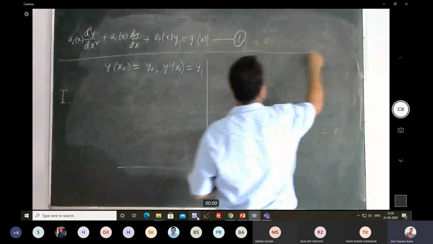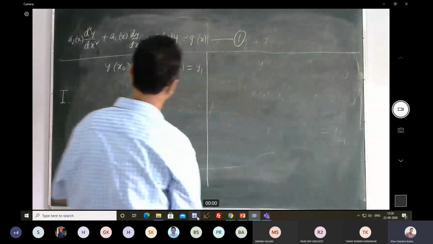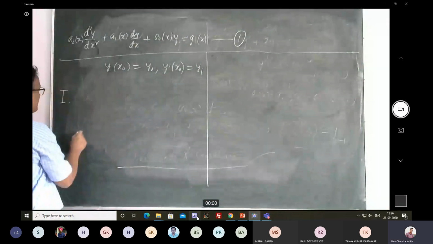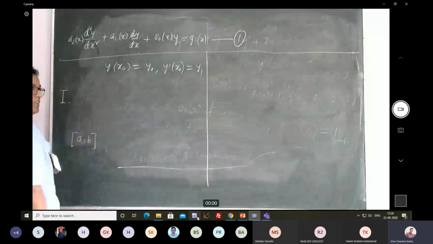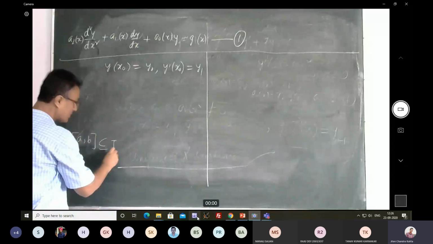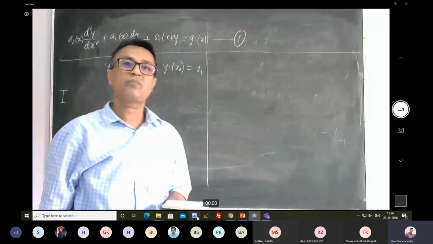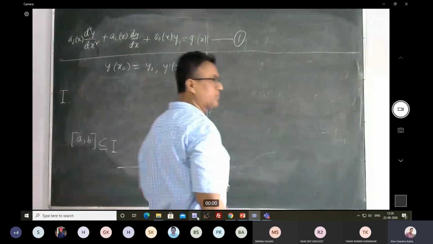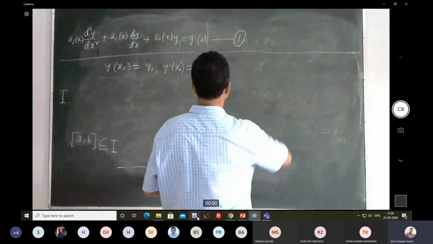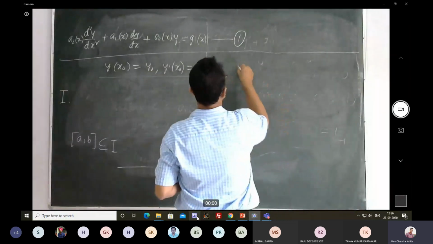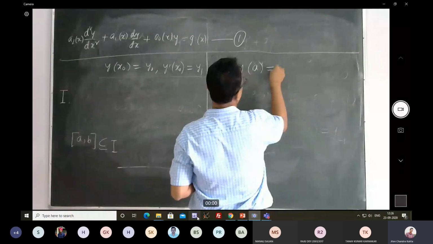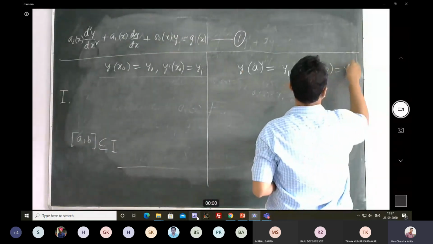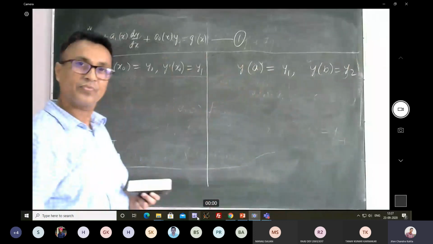So now let me make the demarcation. Suppose I am considering a sub-interval (a, b) in my interval of definition I. Instead of this, let me impose the conditions y(a) equal to say y1 and y(b) equal to say y2.